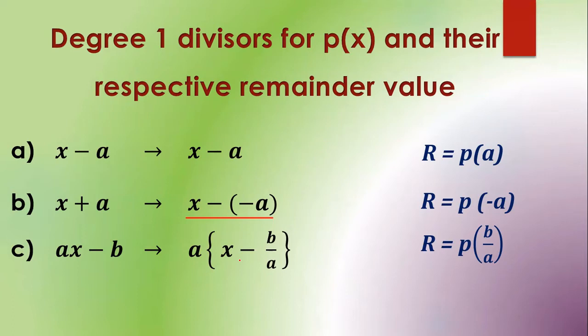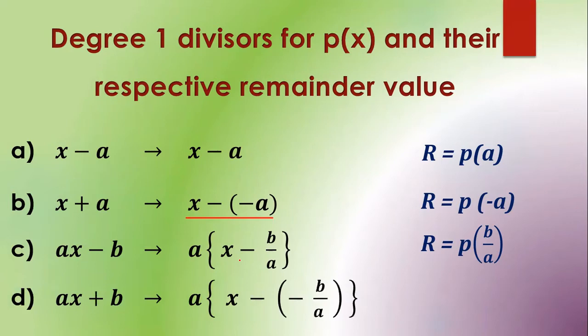Now let's talk about the last form of the divisor having degree 1, that is ax plus b. ax plus b can also be expressed in the standard form. In this standard form, as we can see here, the constant part becomes minus b by a. So the remainder value for polynomial p(x) when it is divided by the divisor ax plus b would be r equals p(minus b by a).